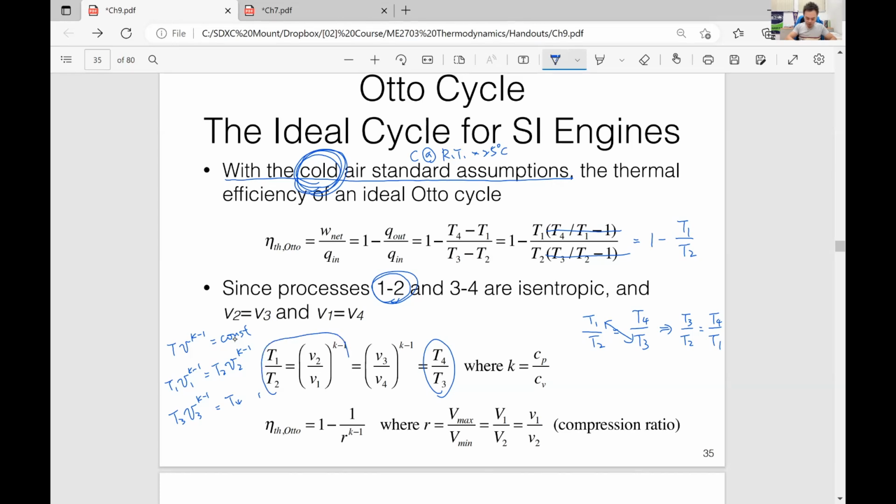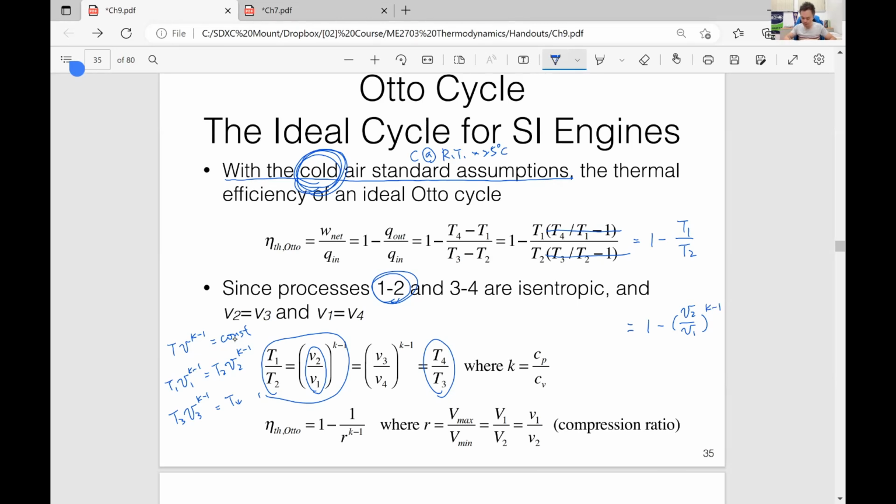T1 over T2 is V2 over V1 to the K minus 1, right? So that means this becomes 1 minus V2 over V1 to the K minus 1.